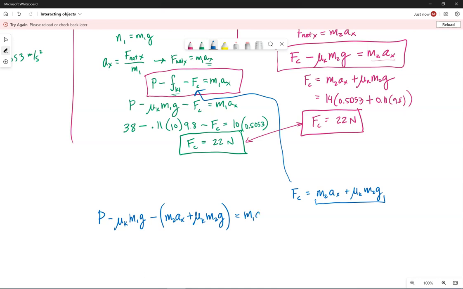You'll see. All I'm going to do is bring the ma term to the other side, and then write this left side out as well.